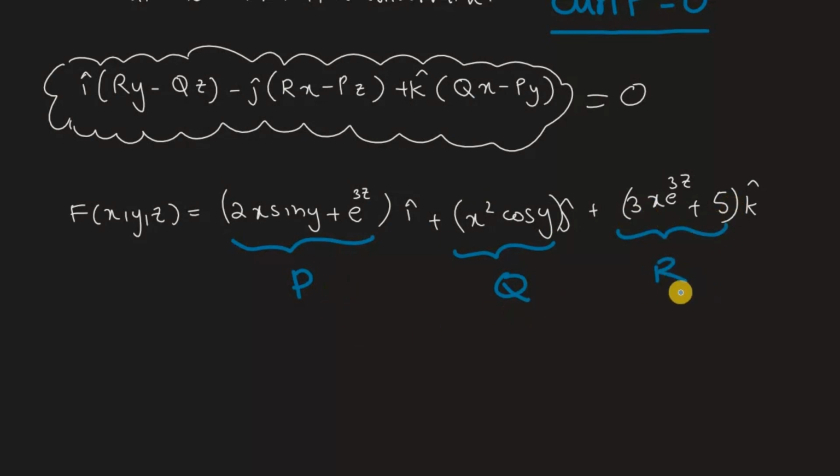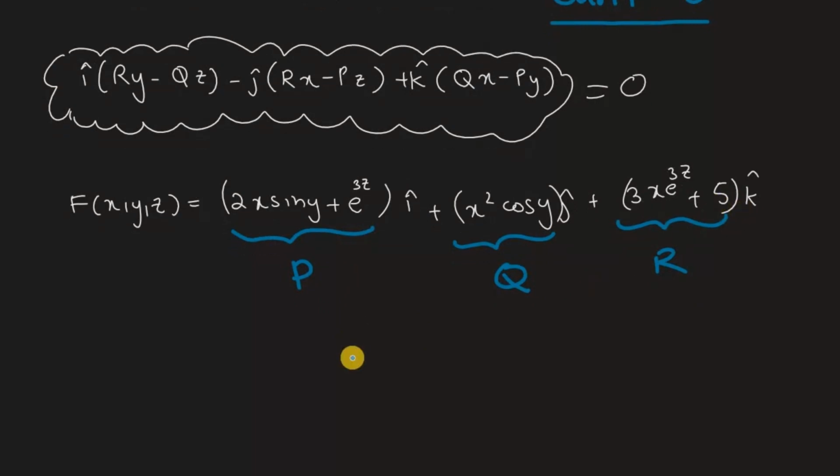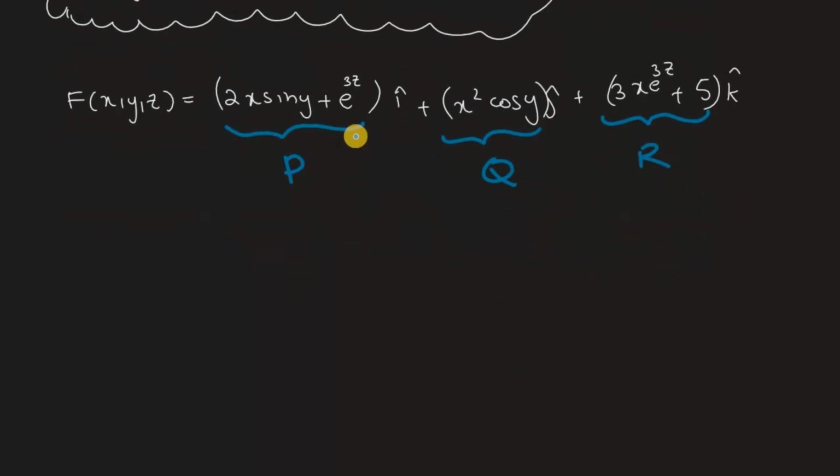So p, q, r, just like x, y, z. Since p is associated with x, q with y and r with z, you're going to write them side by side.